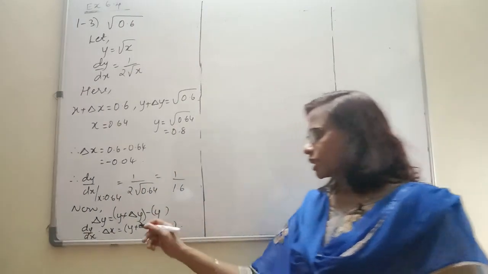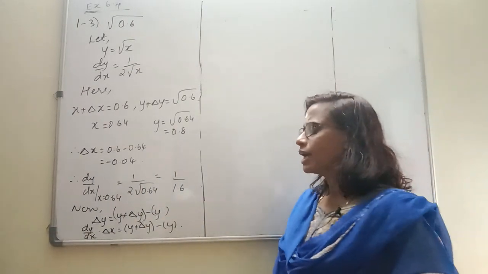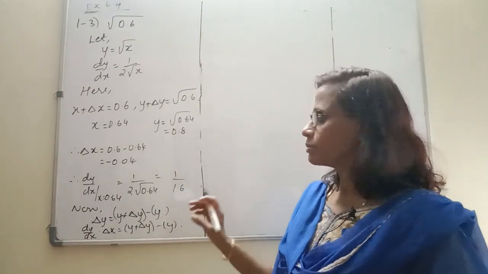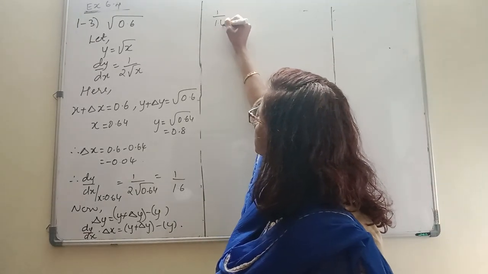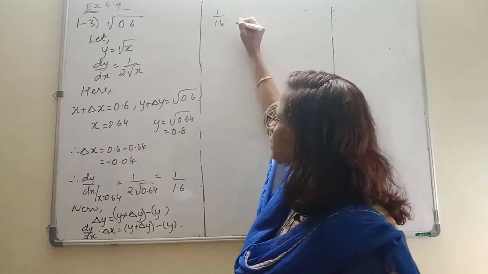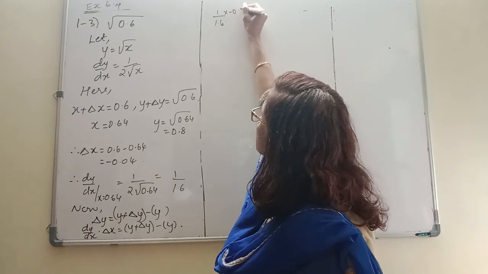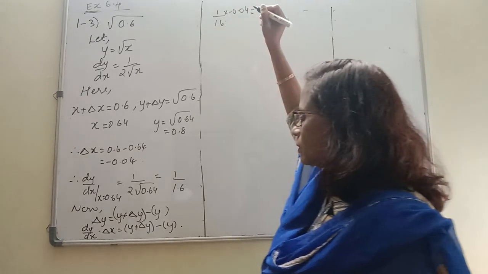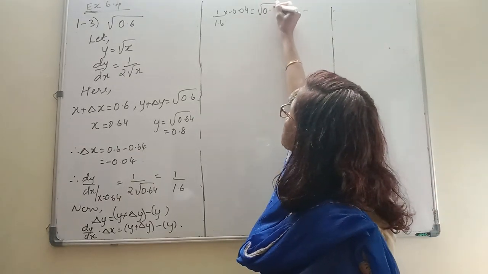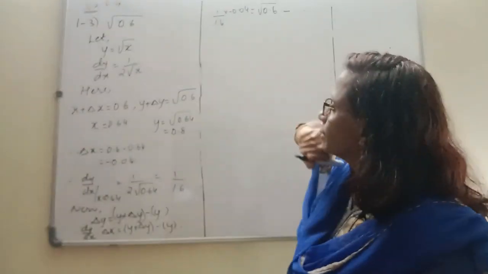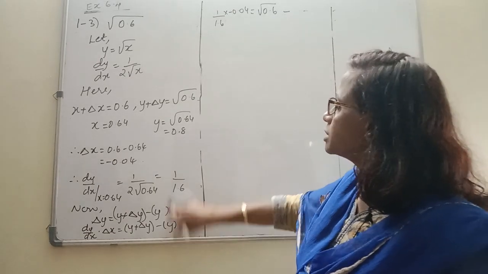Using that, we can use this idea. And now because we know all the values, we can make the substitution. Dy by dx we have learned it is 1 by 1.6. Delta x we have learned is minus 0.04. Y plus delta y is root of 0.6, which you have to find. And the y for us is 0.8.